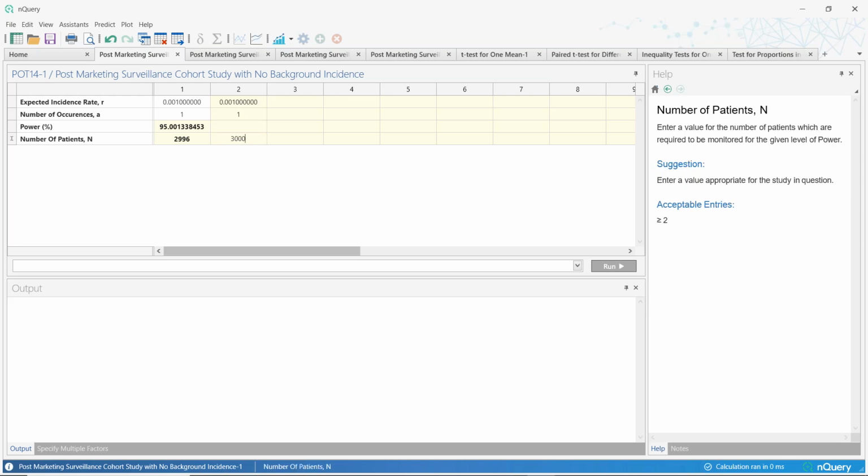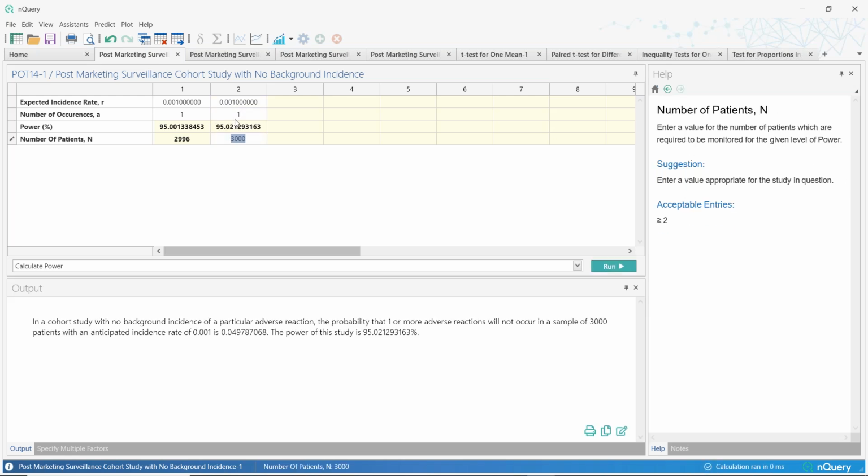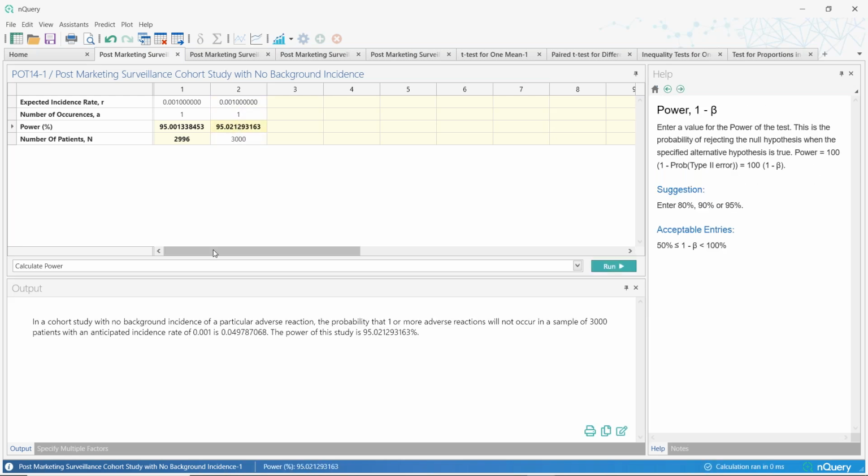So if we put in 3000, you'll see slightly above 95% power. And you can see here in the output statement: in a cohort study with no background incidence, the probability that one or more adverse event reactions will occur in a sample of 3000 with anticipated rate of 0.001 is 0.95. This means the power is 95%.